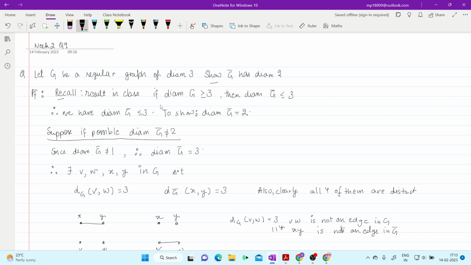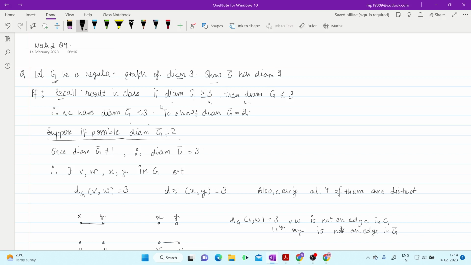To show this, we'll use a result from the lectures: if the diameter of G is greater than or equal to 3, then the diameter of the complement graph will be less than or equal to 3. Since in this question the diameter is 3, it is clearly greater than or equal to 3. Therefore the diameter of G bar will be less than or equal to 3.